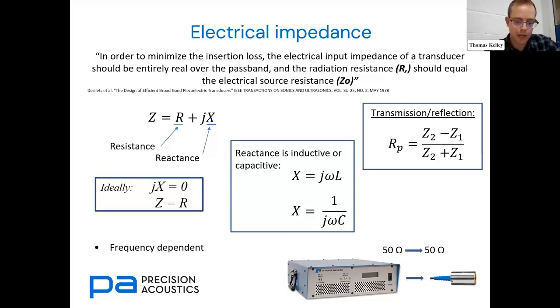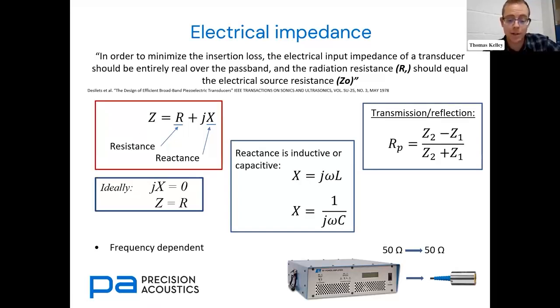So electrical impedance is usually measured as a complex number, the sum of resistance and reactance here. The reactance is capacitive or inductive and is very much frequency dependent, although resistance is also frequency dependent in the context of RF.